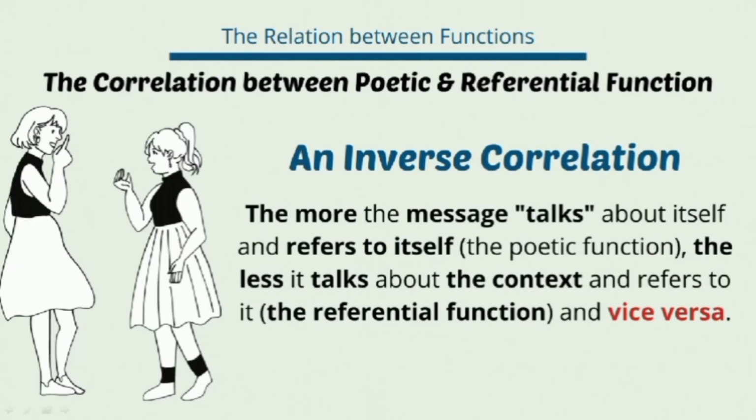So, this relation is called an inverse correlation. The more the message talks about itself and refers to itself, the less it talks about the context and refers to it, and vice versa. This may be related to literary works, where when a character tells himself using a poetic function, the context to be conveyed will be further away.